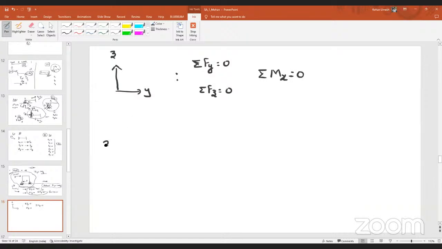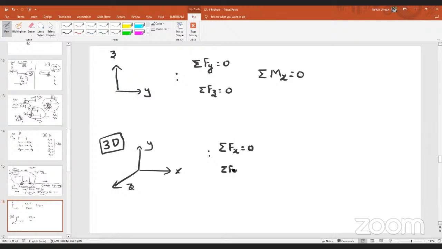Similarly, if we are talking about a structure in 3 dimensions, that is how reality works, right? Whatever structure you take, it is in a 3-dimensional space. So how many rigid body motions are possible here? 6. To make it stable, we should not allow any rigid body motion along x, that's why summation Fx equals 0.